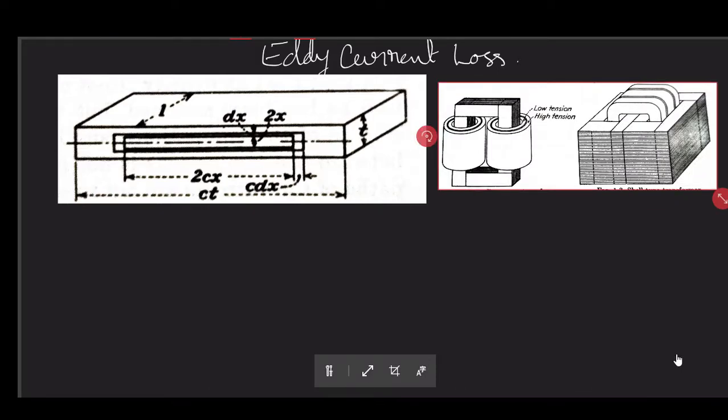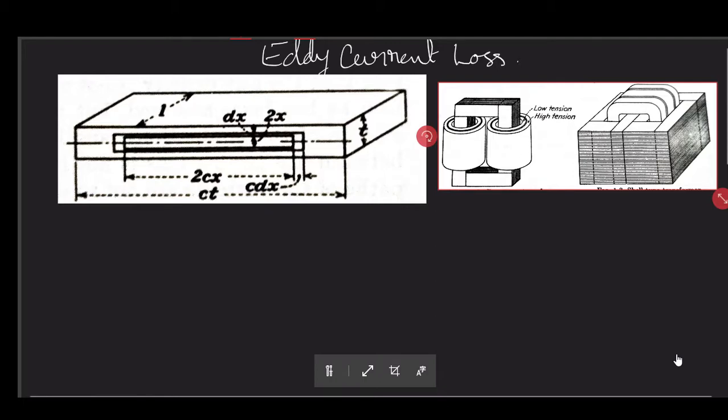Now you can see the second picture that I just inserted in the screen area. Here you can see all these small segments. They are thin sheets, lamination sheets.